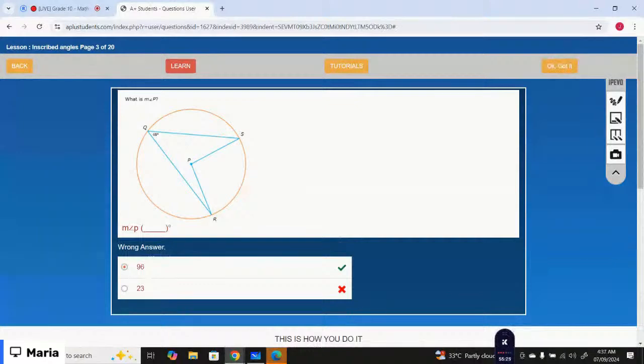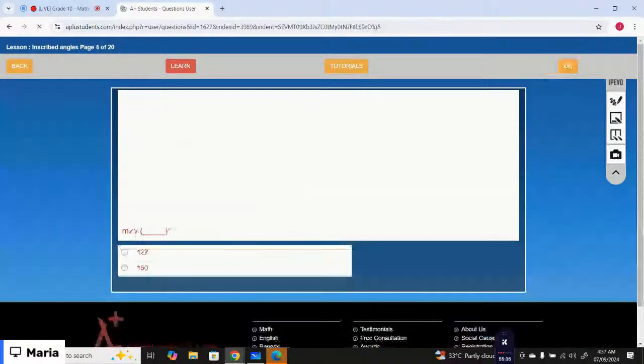Oh, you need to find P. P is double of angle Q, right? So 48 times 2 is 96. What is the measurement of angle V, which is the correct option?